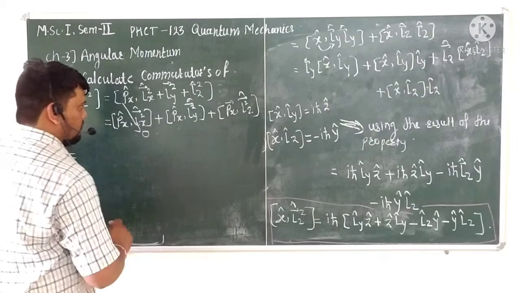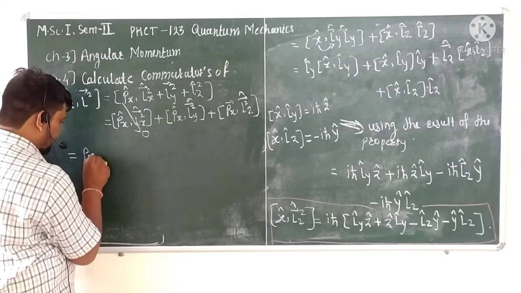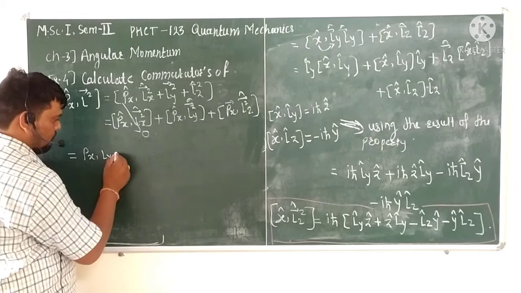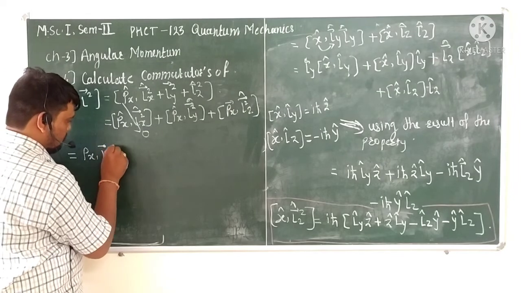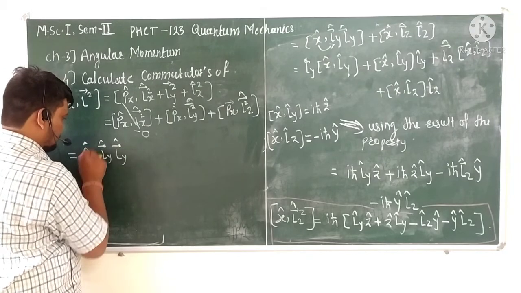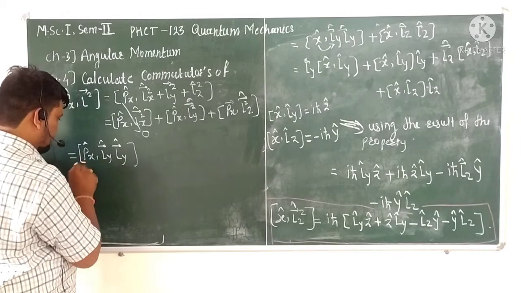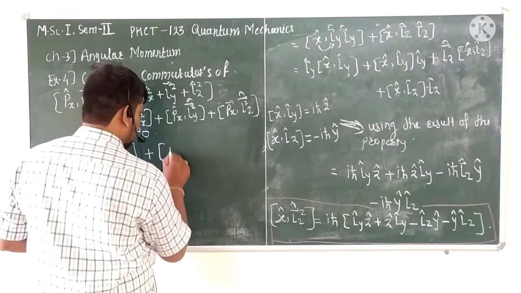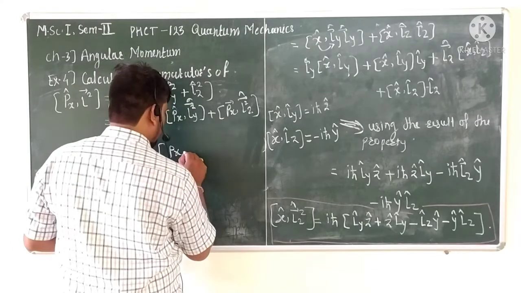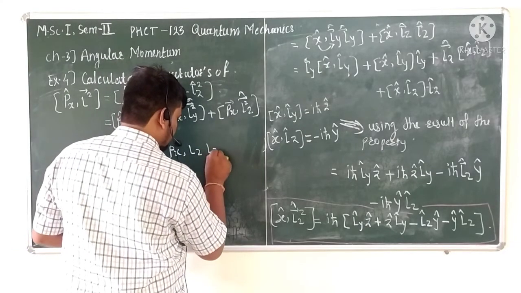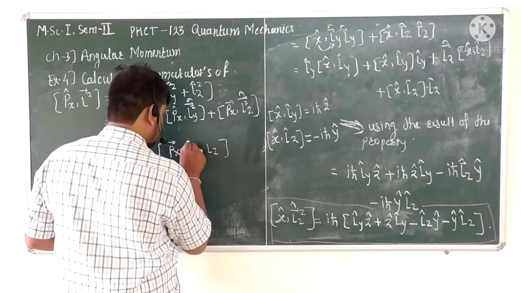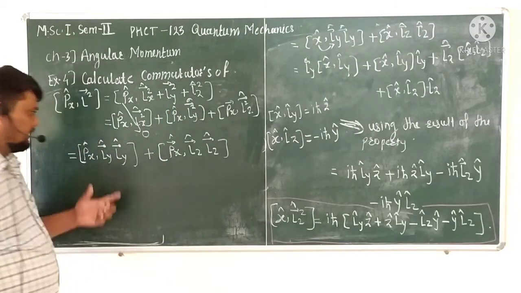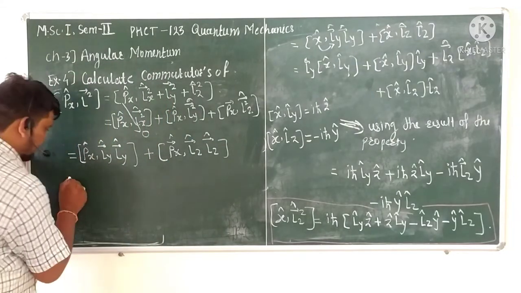So [Px, Ly²], which splits again Ly into Ly, so the commutator relation of Px, Ly plus the relation between Px, Lz. Okay, again split this commutator bracket as a result.